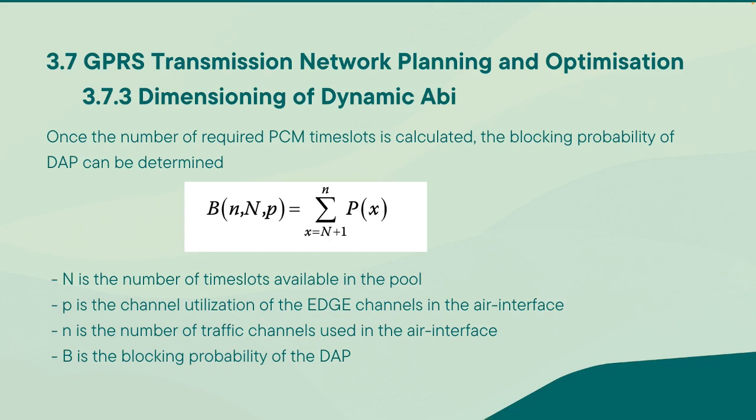P is the channel utilization of the H channel in the air interface, and N is the number of the traffic channels used in the air interface. B is the blocking probability. It is a probability, so it might not be an assured number at all.